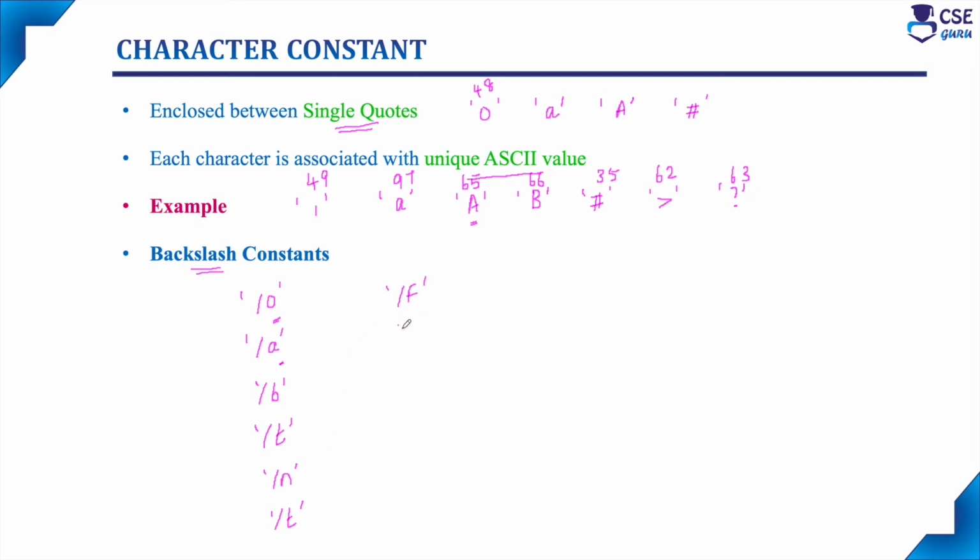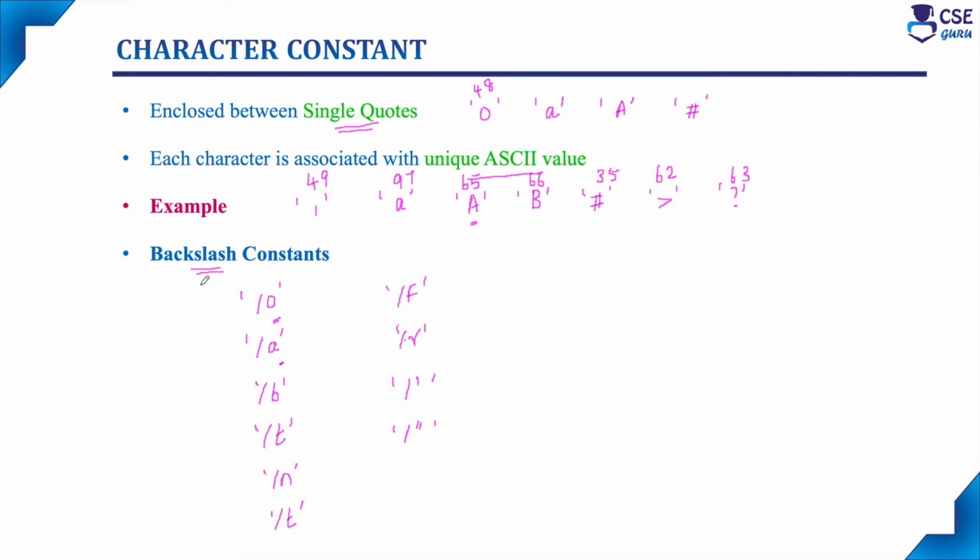\f for form feed, \r for carriage return, and the single quote, which we should enclose within single quotes. And \" double quote, if you enclose it within single quotes, is a character constant representing double quote.